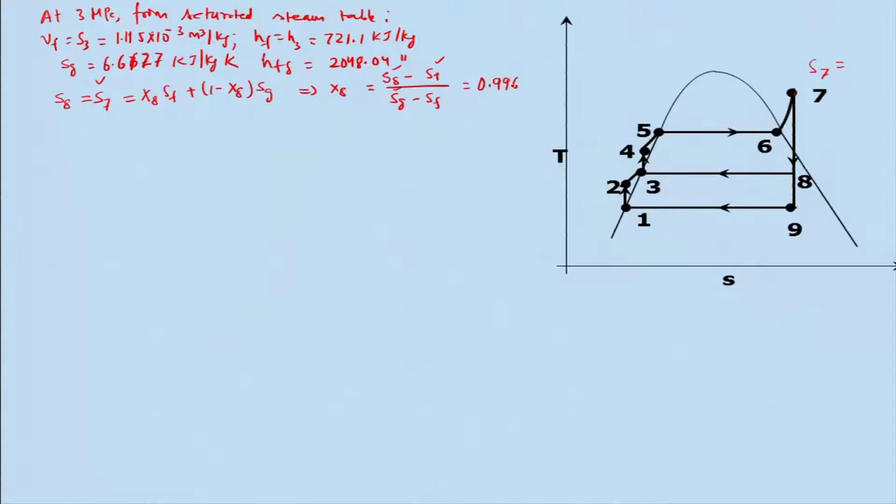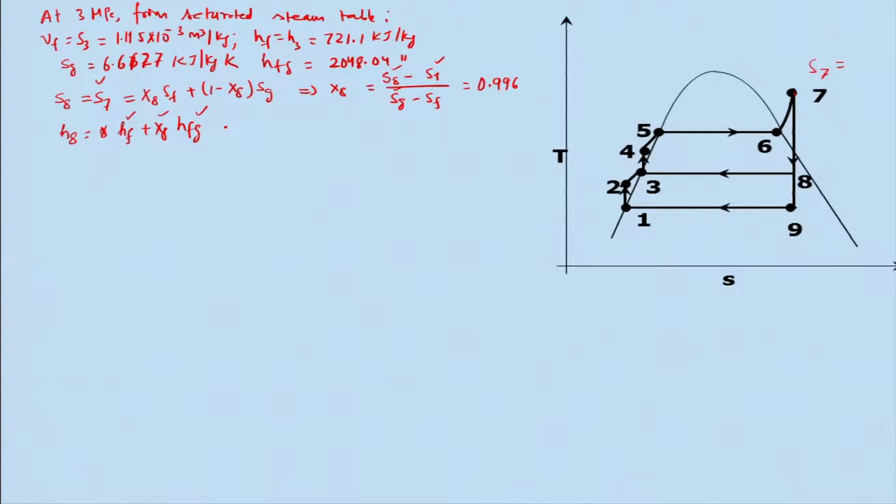And by knowing this X8, I can find out H8 very easily. What is that? That is basically HF plus X8 HFG. So, HF, this point we know, saturated. So, this is known and X is known.